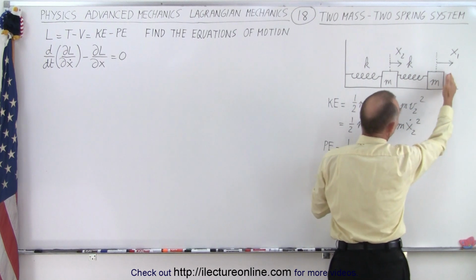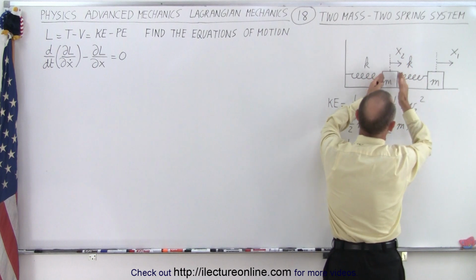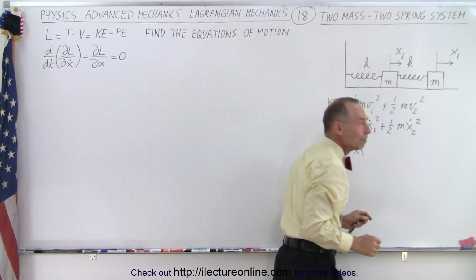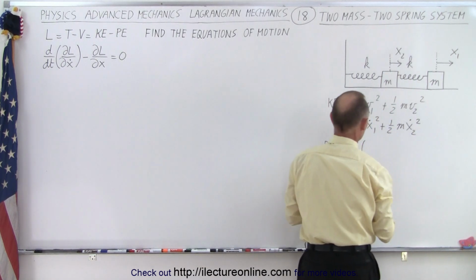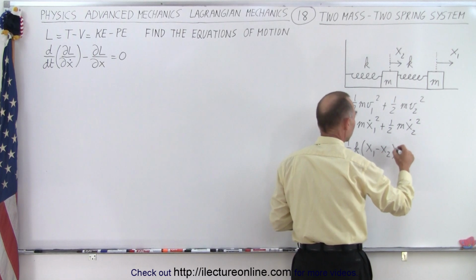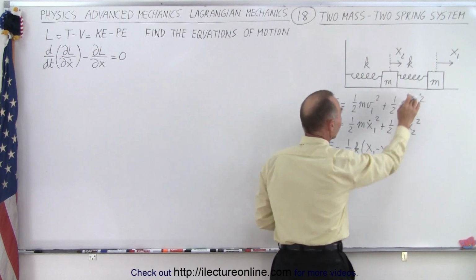But if this mass moves to the right and x1 goes to the right, and then this mass moves to the right as well, we have to take the difference of the positions to understand how much this has been elongated. So in that case, we end up with x1 minus x2 quantity squared. And that will be the potential energy for this spring.